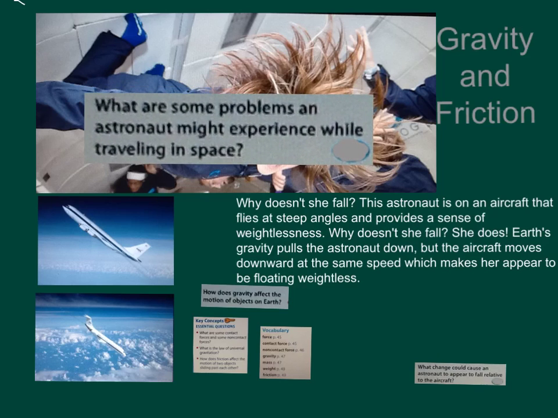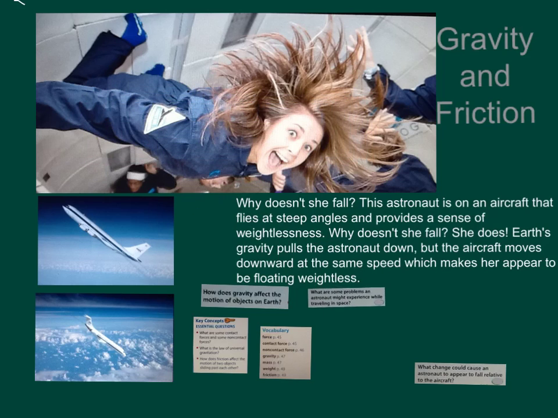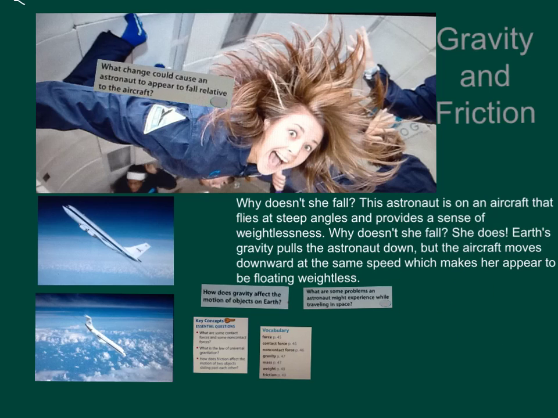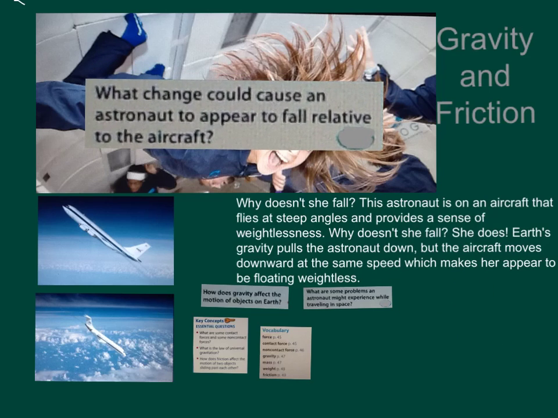Okay. What are some problems an astronaut might experience while traveling in space? Remember, you're writing these in your science journal and answering them to the best of your knowledge. And then the last question I have for you for right now would be, what change could cause an astronaut to appear to fall relative to the aircraft?